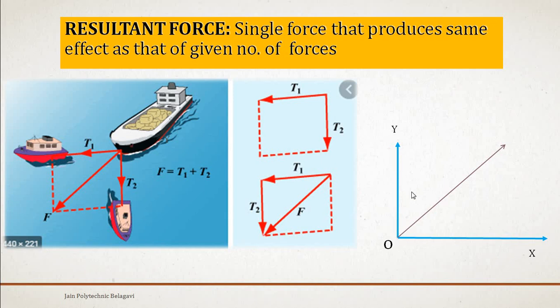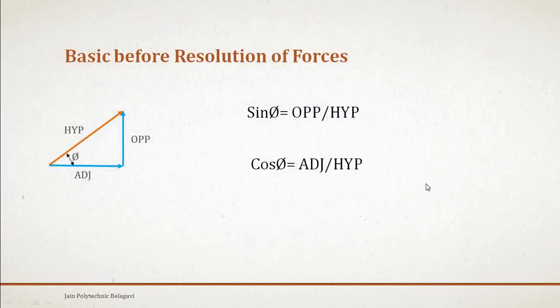These two forces are pulling some object, and the same pull can be given by the resultant force R. So this R is the resultant force which gives the same pull or same effect as the force X and force Y. This is said to be the resultant of force.